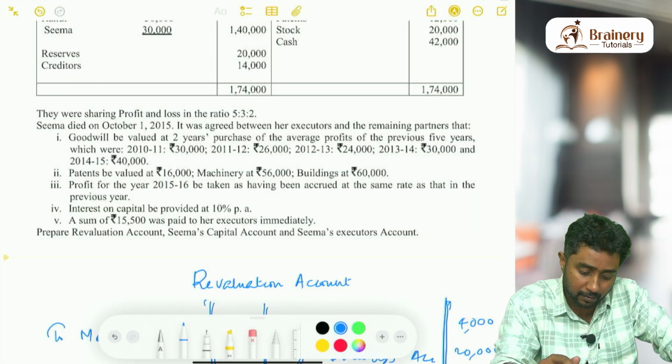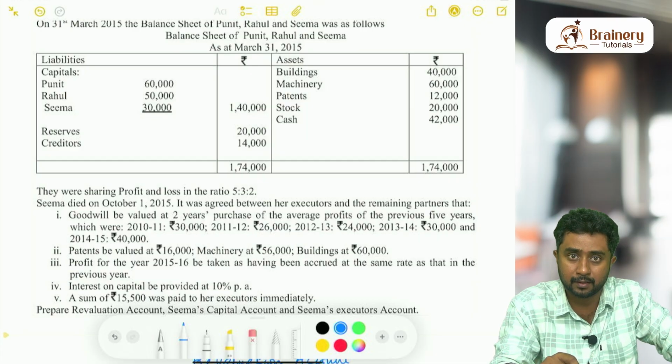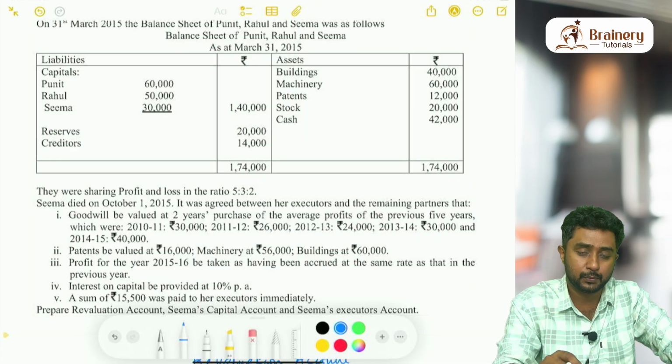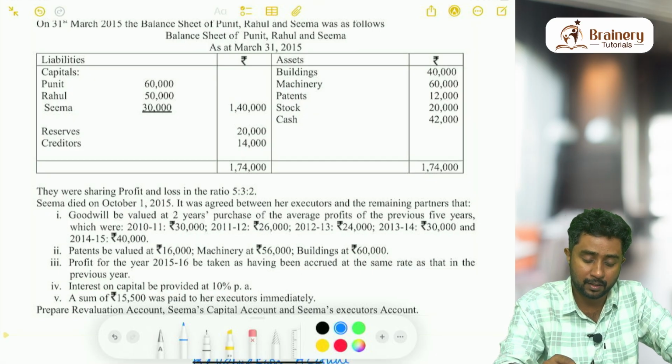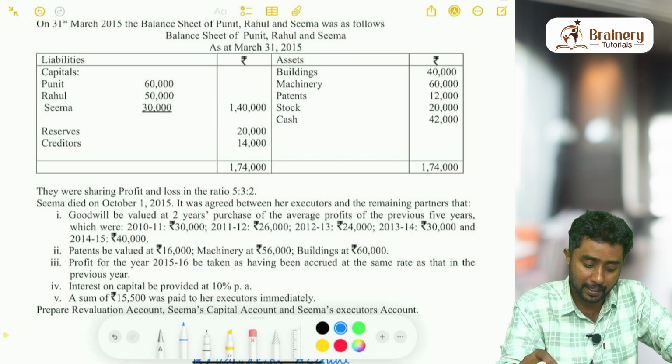Next we have to record the entries for goodwill. First of all, we will check the balance sheet for any reserves. That means existing amounts which we have to transfer to the partners' capital accounts. As we are not drawing the capital accounts of all the partners, we have to transfer only Seema's share. Here a reserve is there.